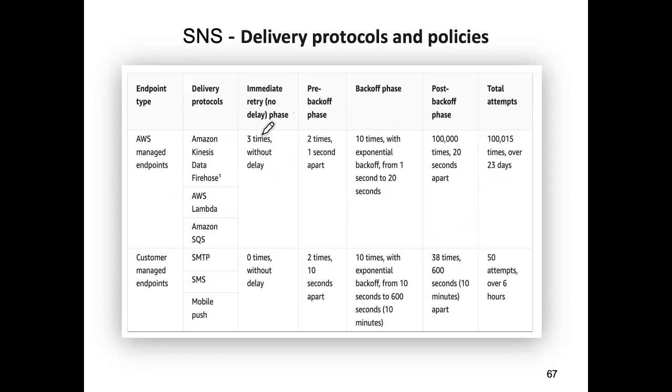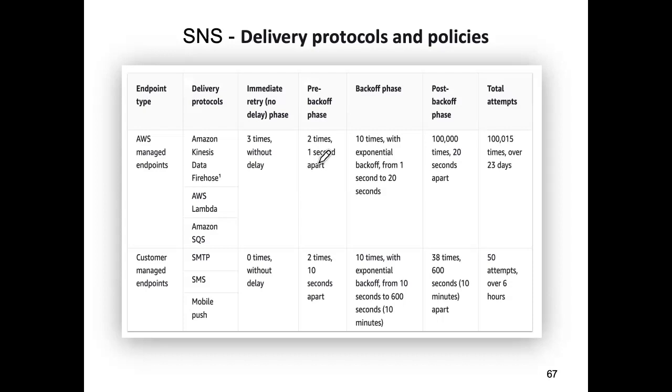So if it tries to deliver a message to either a Lambda subscriber or an SQS subscriber and the delivery fails, it's going to retry 3 times without any delay. If it's still getting failures, it'll try 2 more times with a second between each attempt.